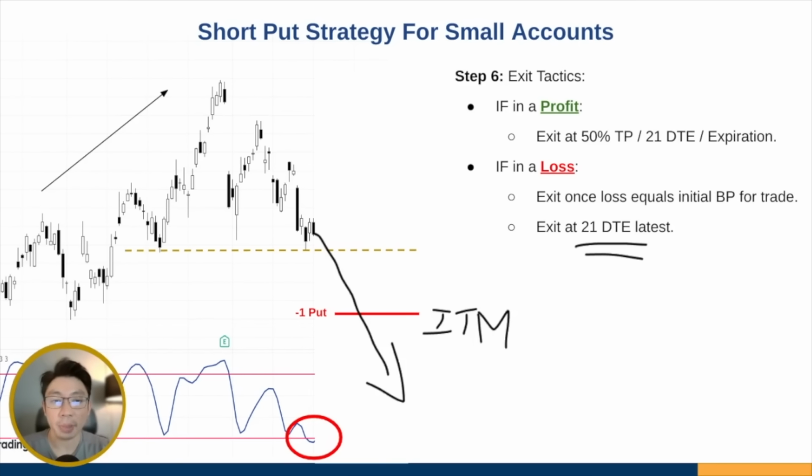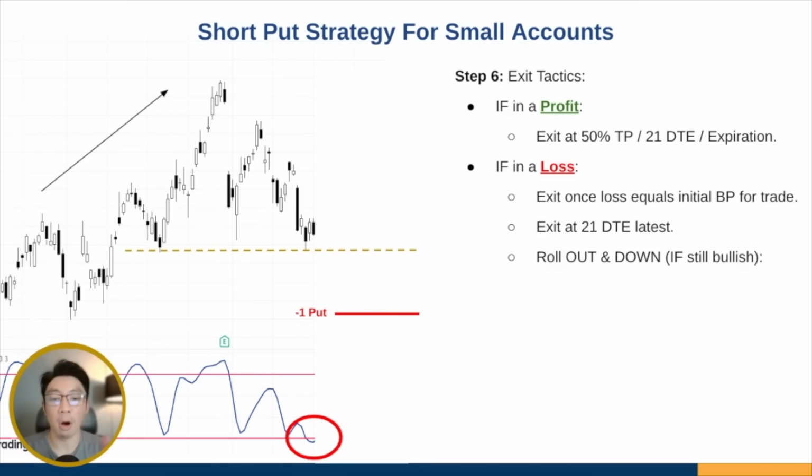At the same time, you have a reduced chance of getting assigned, because at 21 DTE, you still have some extrinsic value. When you still have some extrinsic value in this short put, the chances of being assigned are not that high. So if you see that you are at a loss, and it's not at your max loss yet of the initial buying power, once it's reached 21 DTE, exit it.